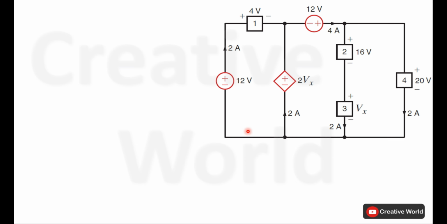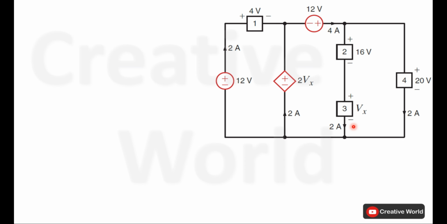Here is the figure 1.38 and we have to calculate the power of this element. In order to calculate the power of element 3, we should have voltage across it and current through it. The current through it is given, but the voltage across it is not given. First, we have to calculate the value of this voltage in order to calculate the power of this element.